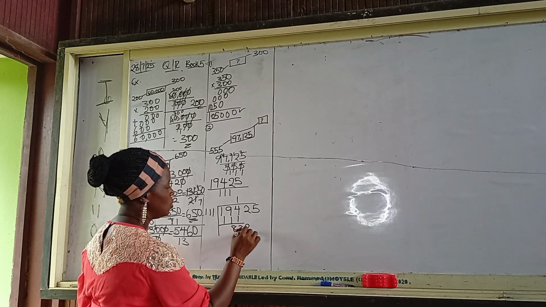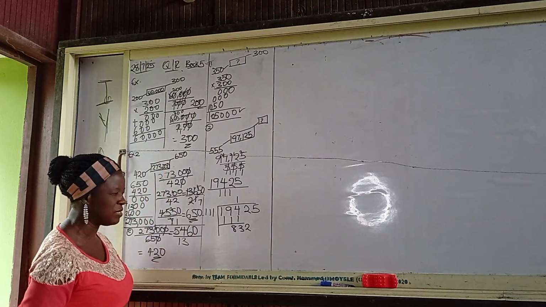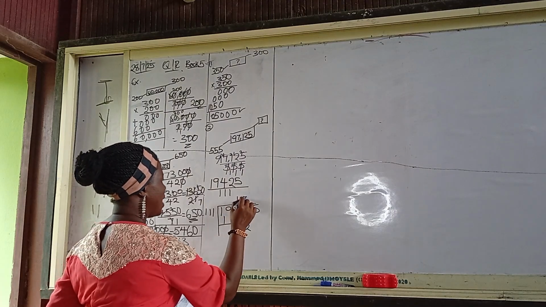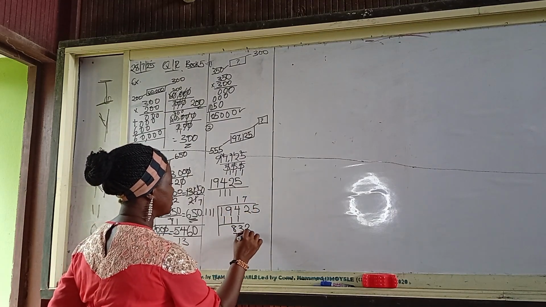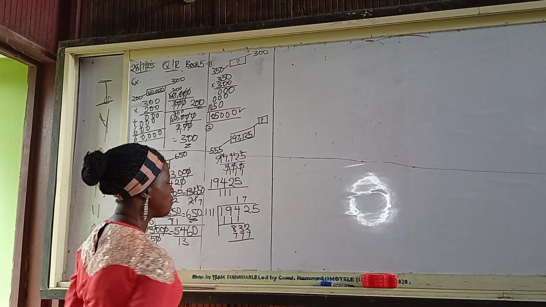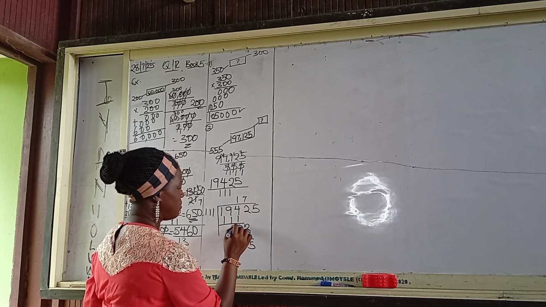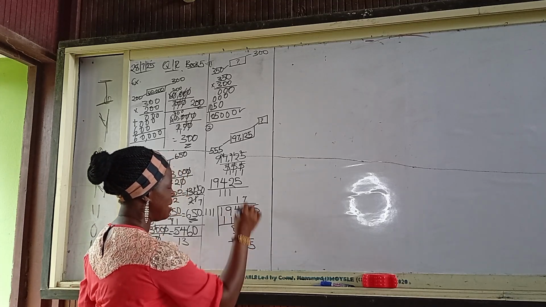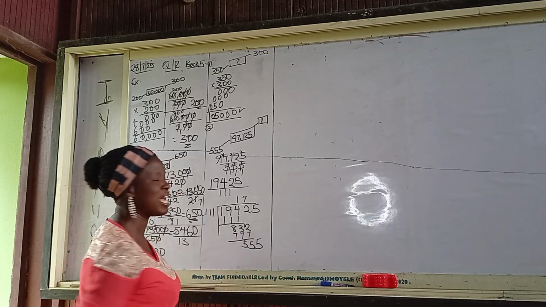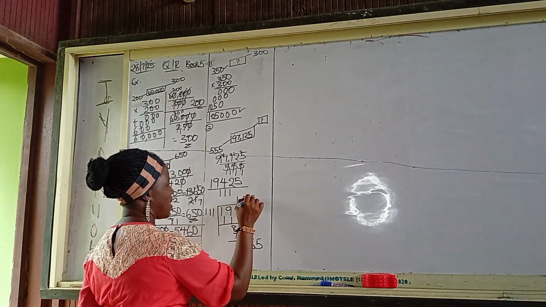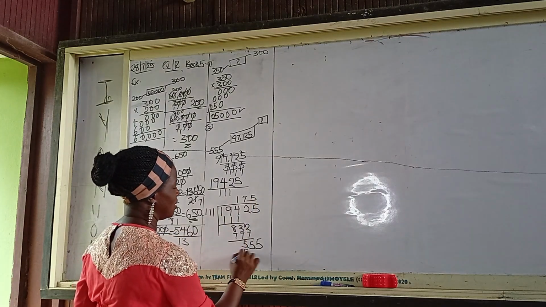Bring down the 2. How many times will this go? It will be 7 times. And when you add it, that is 777. Borrow 1 for you, making 12. That is 5. You have 12 here. That is 5. Then bring down this 5. So how many times will 111 go in 555? That is 5. So we got our answer.